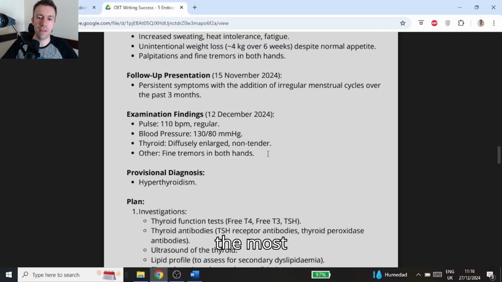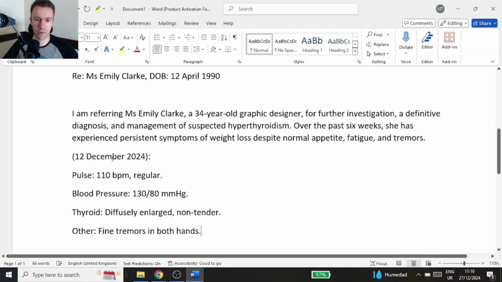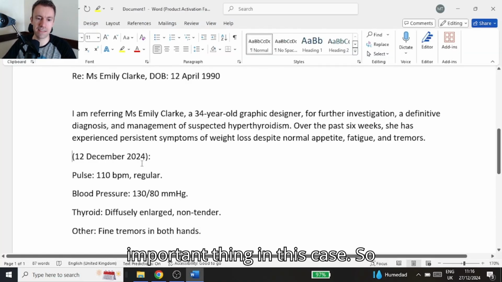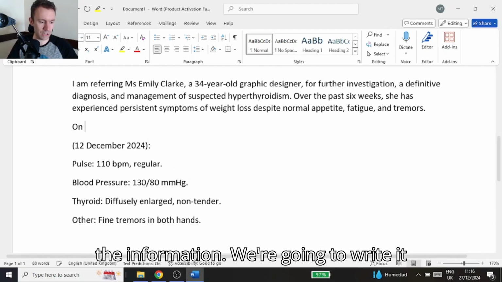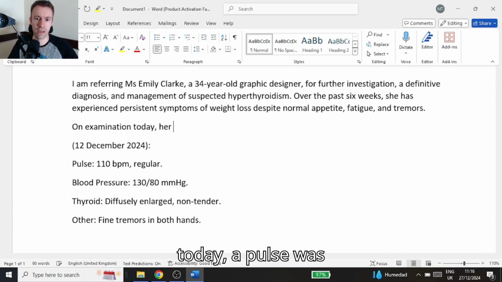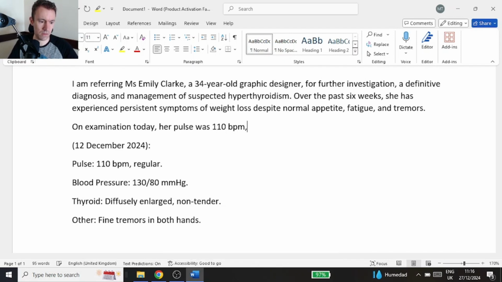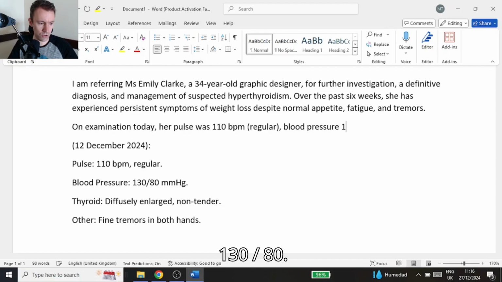I would argue that the examination findings from our most recent consultation are indispensable and probably the most important thing in this case. So let's write that out first. There's the information. We're going to write it up. We'll say on examination today, her pulse was 110 beats per minute, regular. Blood pressure, slightly elevated at 130 over 80.